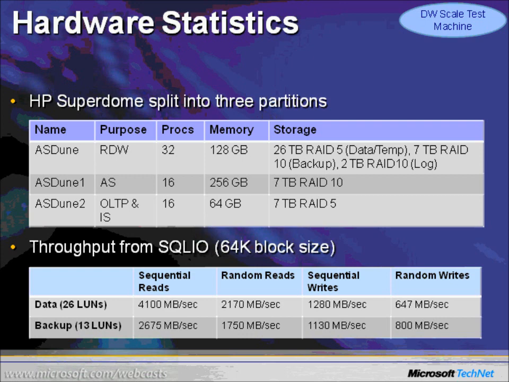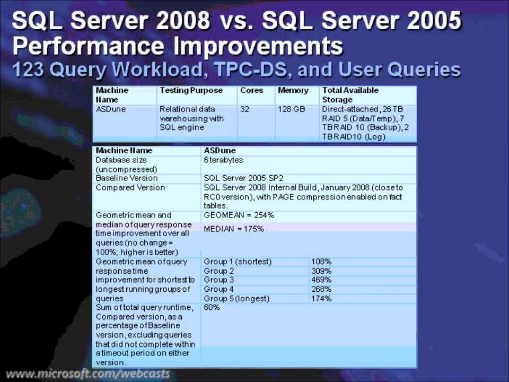It had 32 cores and 128 gigabytes of memory, and its sequential read performance underneath all those 32 cores was 4.1 gigabytes per second, or 4,100 megabytes per second. That's a little less than the I/O capacity I recommended, but with today's modern processors, roughly 250 megabytes per second per core is a good number.